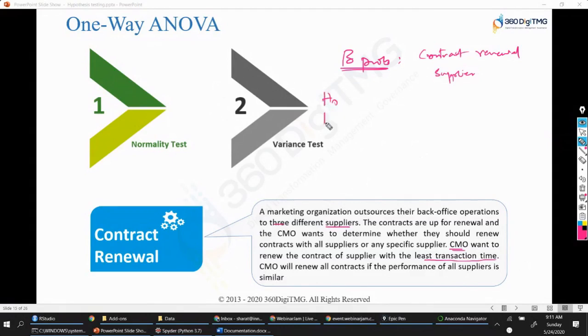Now, null hypothesis, alternative hypothesis. These contract renewals are being decided based on the transaction time. So transaction time would be your output, because that is the value being used to evaluate. And we have three groups.